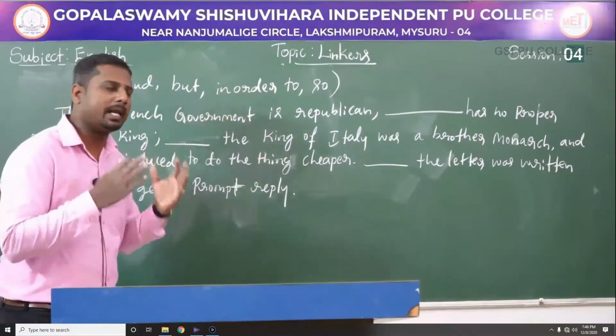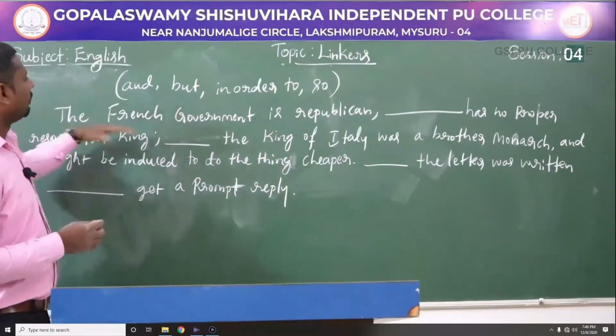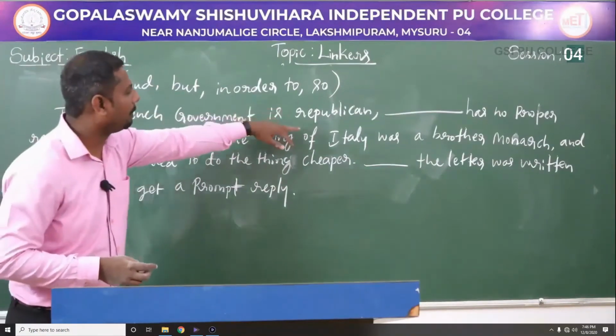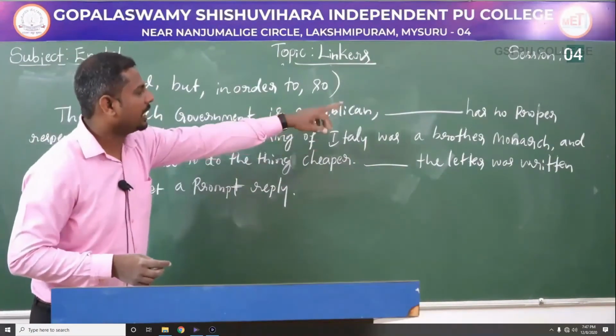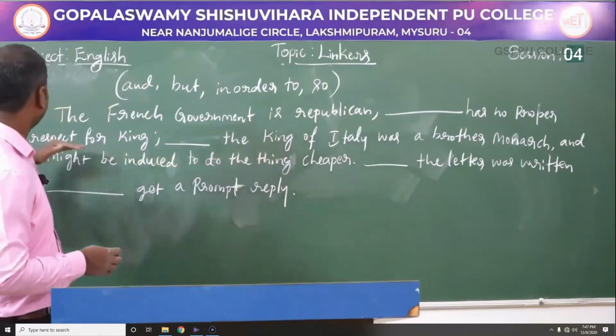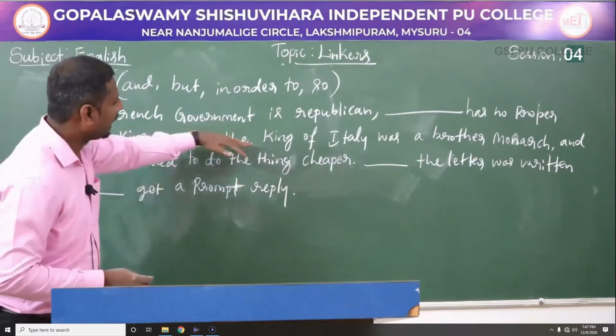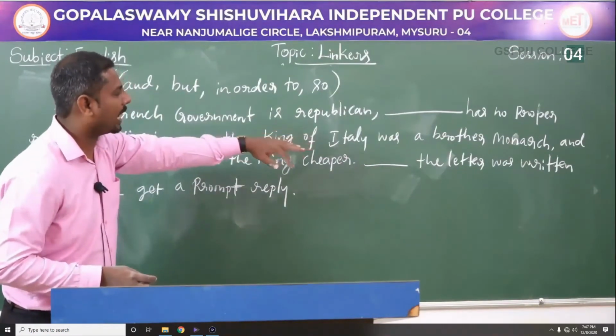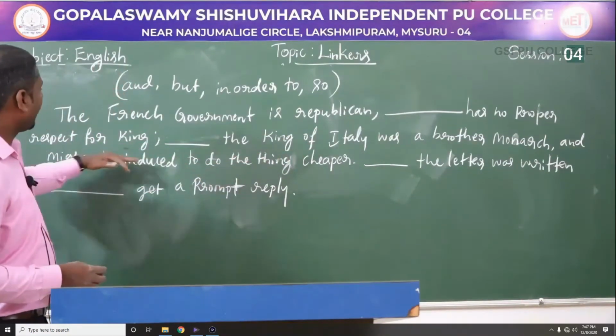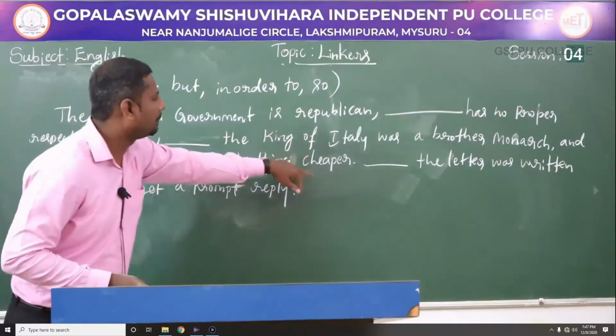Now let us find out how many ideas are there here. The French government is Republican dash, has no proper respect for king. Dash, the king of Italy was a brother monarch and might be induced to do thing cheaper.